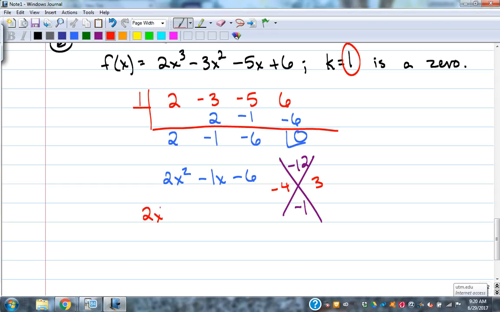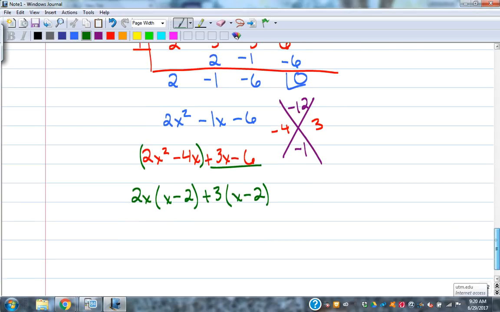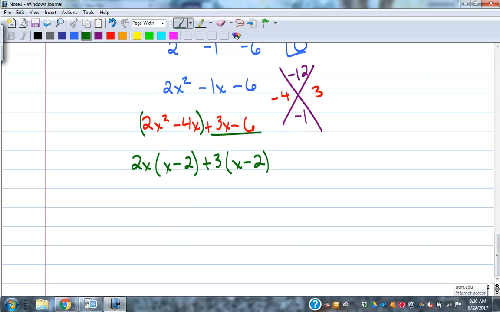So I'll write 2x squared minus 4x plus 3x minus 6 and group that. The first two have 2x in common. The second two have 3 in common. So the factors for that quadratic, that 2x squared minus 1x minus 6, are x minus 2 and 2x plus 3.